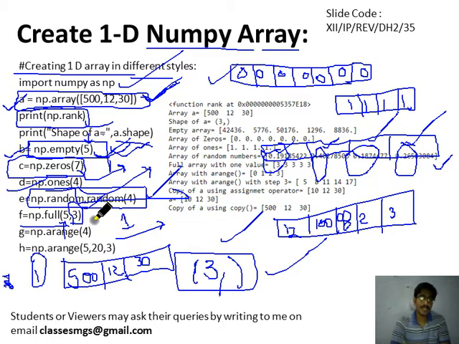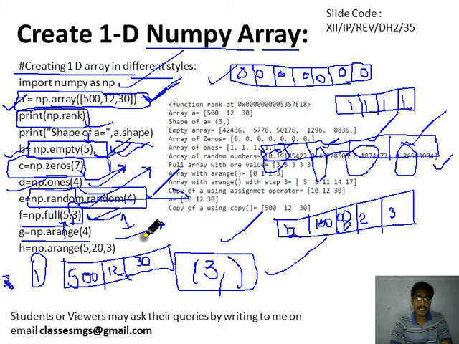So you need to write down the equivalent Python statement in which you create a one-dimensional array of 4 elements, but you are not supposed to use the ones method. You can use any method to create the array with each value as 1, but not ones. So keep this and comment in the comment box of this video. Okay, I will see and look at how much you have understood.